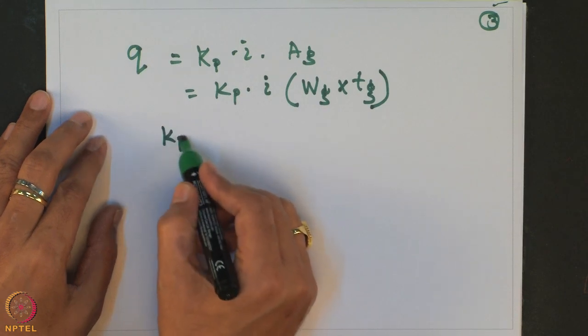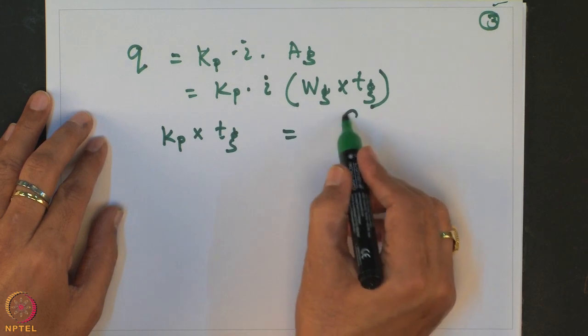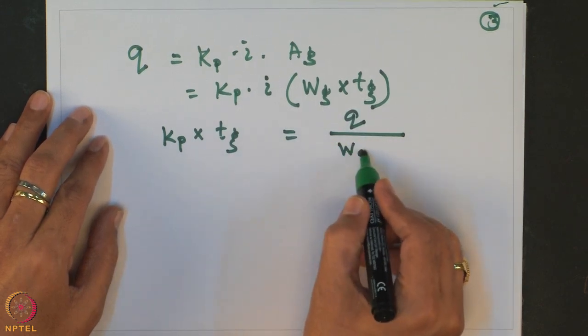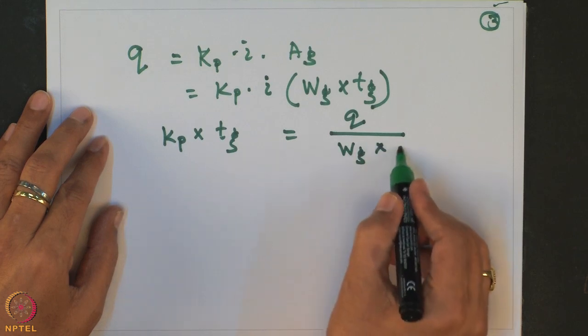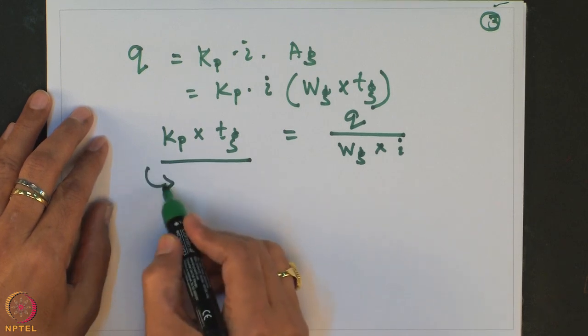So, we can write Kp into Tg is equal to Q divided by Wg into i.